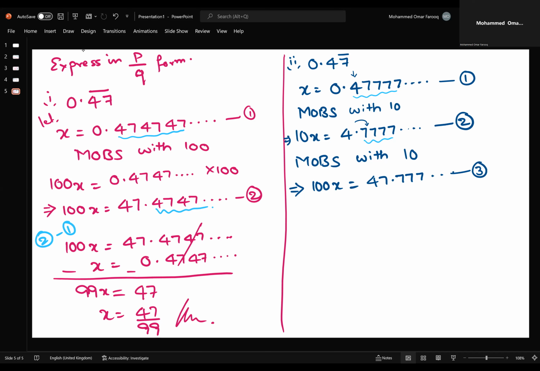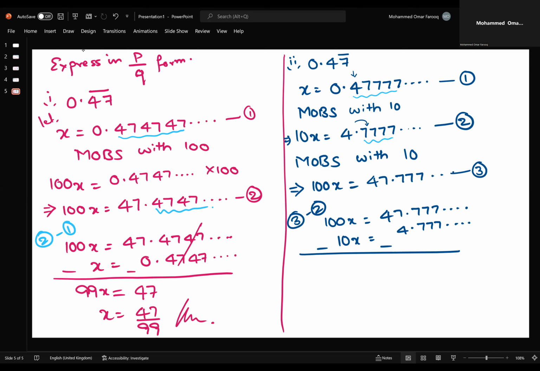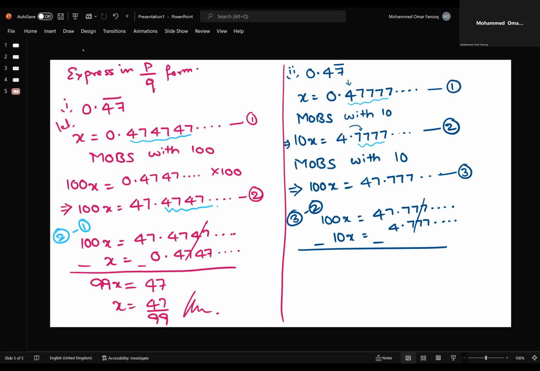Okay. So now what you are supposed to do? Third equation minus second equation. So write the third equation first: 100x is equal to 47.777 and so on. And 10x equals 4.777 and so on. When you subtract, what happens? The decimal part becomes 0. 47 minus 4 is 43, and 100x minus 10x equals 90x.